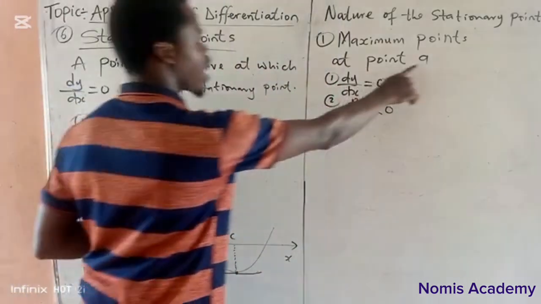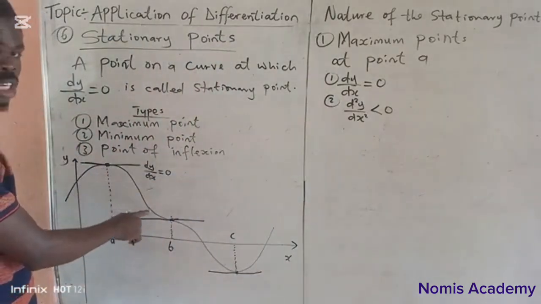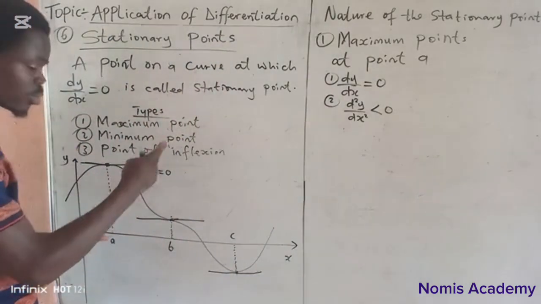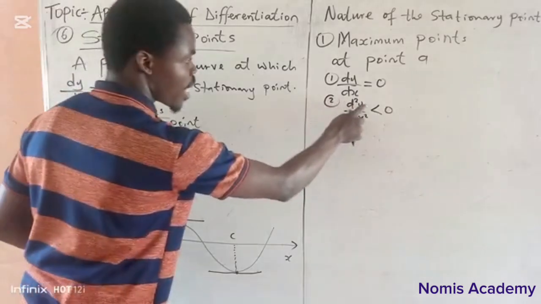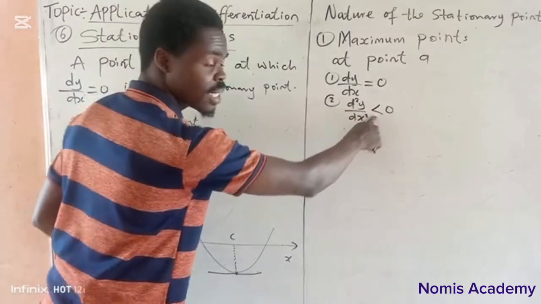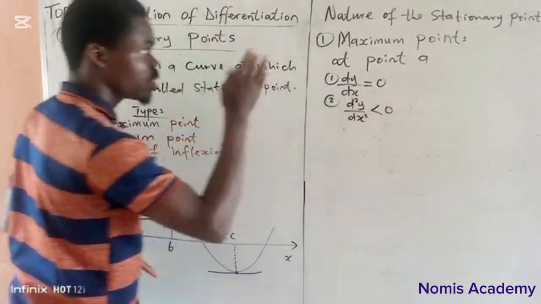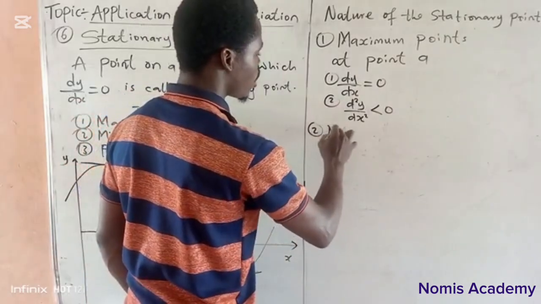So at point A, when you differentiate the function two times, d²y/dx² will be less than 0. That's the second condition.